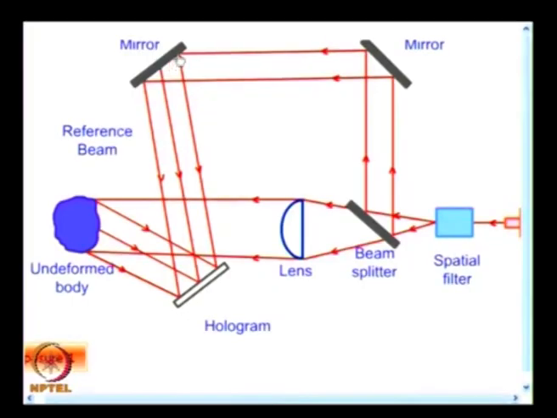And in order to get multiple images, the usual procedure was to move this mirror in known steps, and they also used piezoelectric actuators to do this. So, that means I will have one set of images with the reference beam and the actual model deformed, and then I repeat the same thing by changing the reference beam alone with known phase shifts.